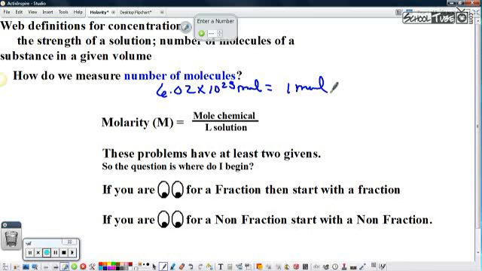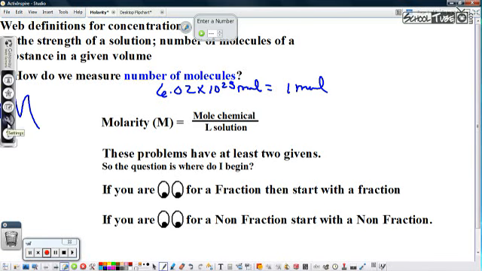So molarity is the number of moles of the chemical divided by the liters of solution. That gives us molarity.